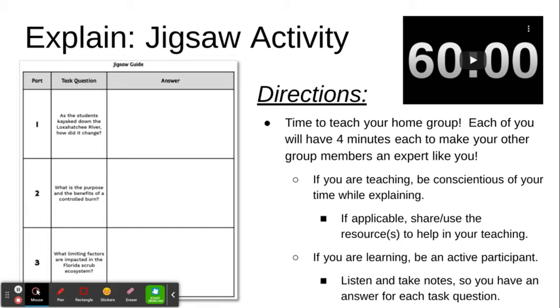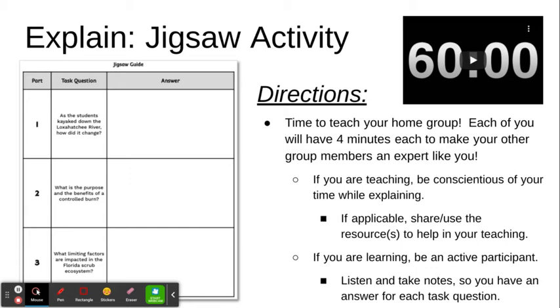While number 1s are giving their information and teaching the other 2 group members, the other 2 group members would be writing down notes for task question number 1, so they would have an answer, not copying the person who is giving them the information, but writing down their own interpretation of that answer and asking questions if they need further clarification. Same thing goes for 2s, same thing goes for 3s.